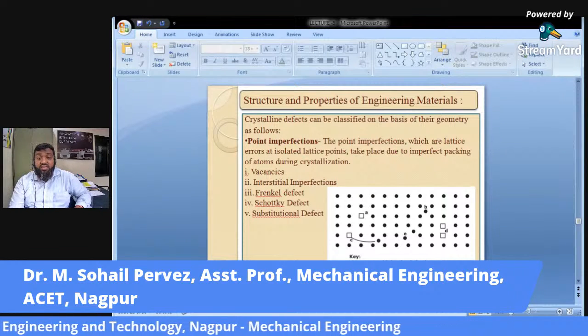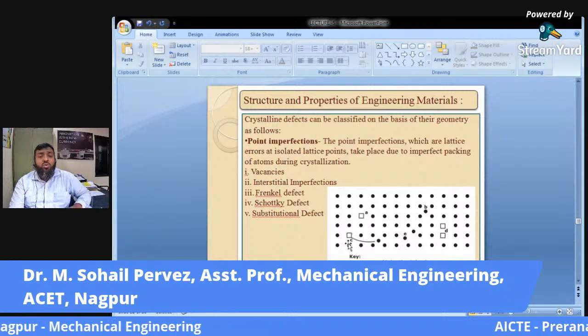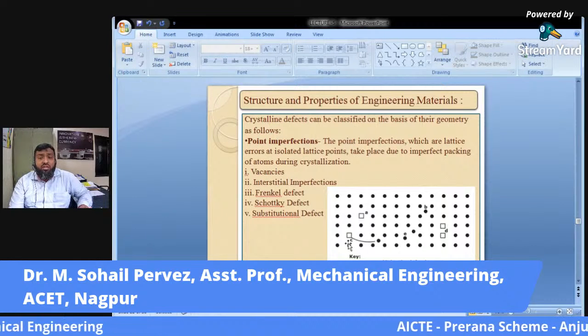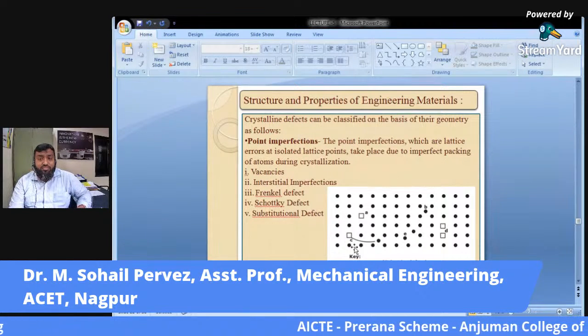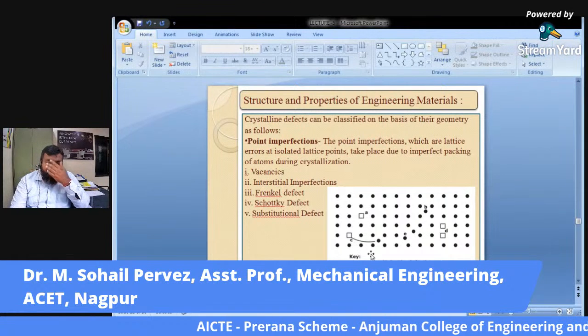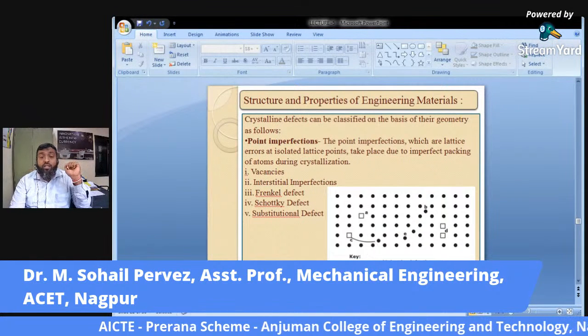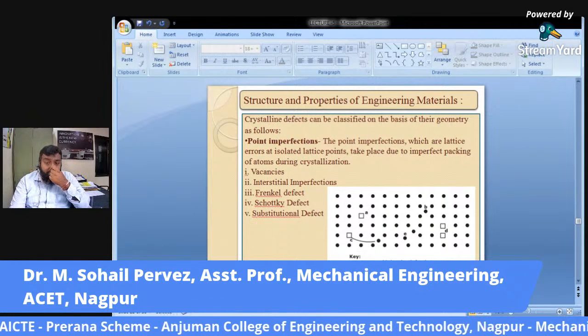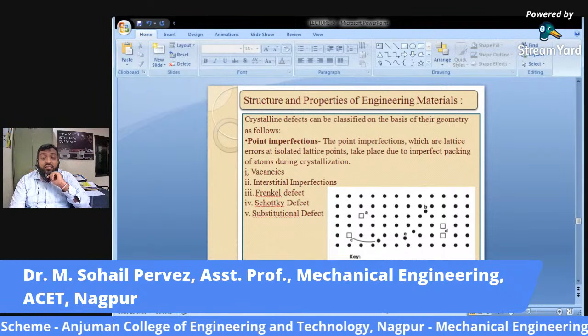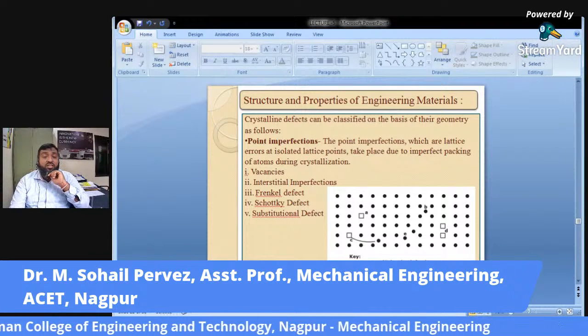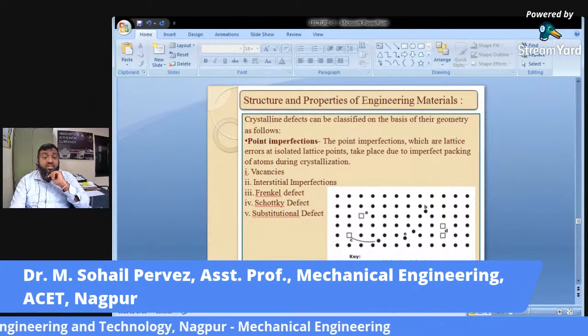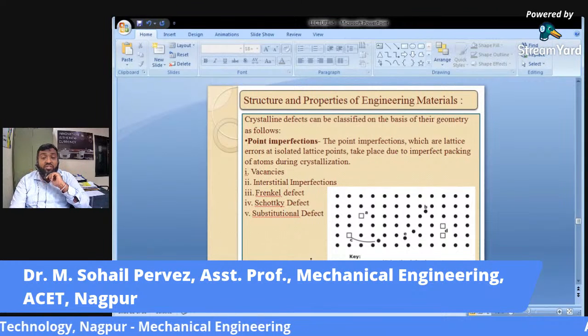Number C, vacancy is there. See, some vacancy is there, there is no point at all, so this causes a defect. Frenkel defect is also there, that is vacancy plus interstitial.